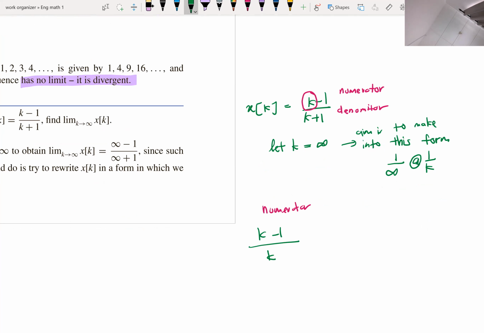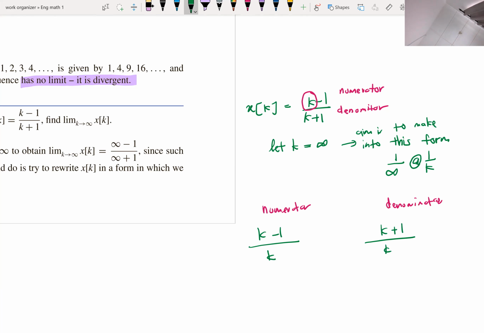Let's say if it were k squared, we would have to divide with k squared; I will show you in the next example. And for the denominator, k plus 1, divide by k as well.